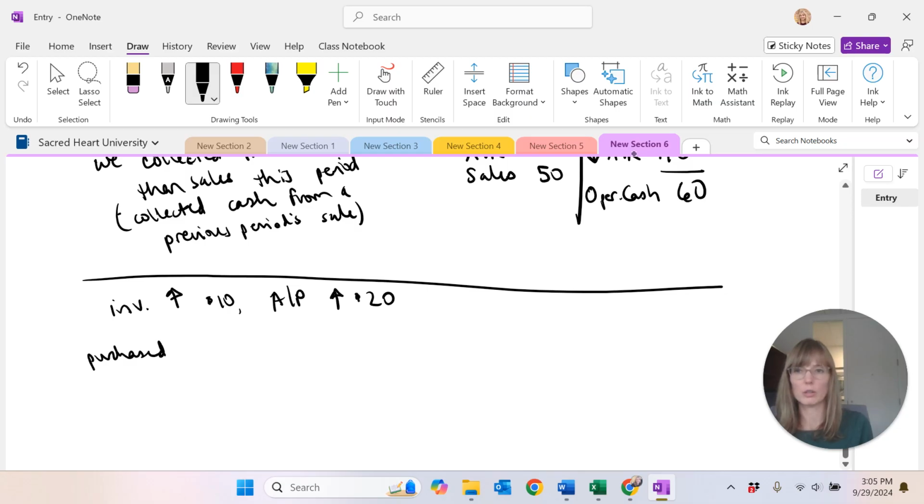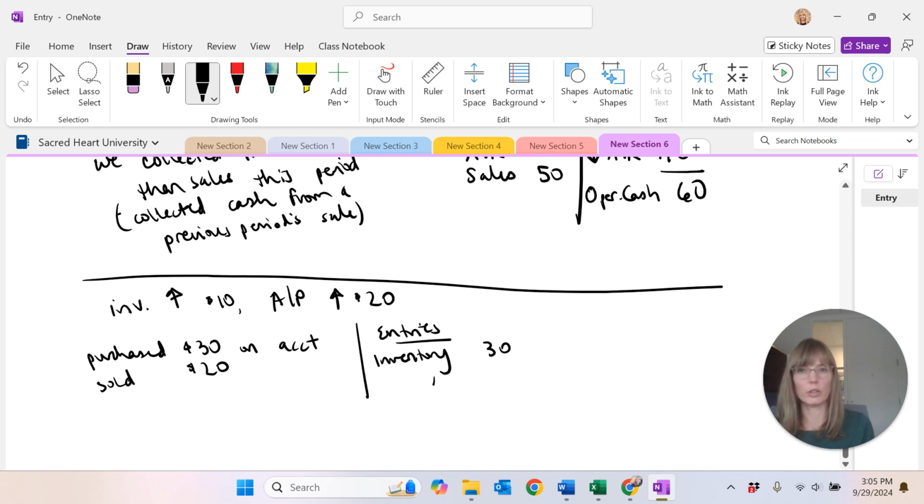So what would our journal entries look like? Inventory went up 30, accounts payable went up 30. Oh, sorry, this accounts payable here should be 30. Inventory went up 30, accounts payable went up 30, and then we sold.